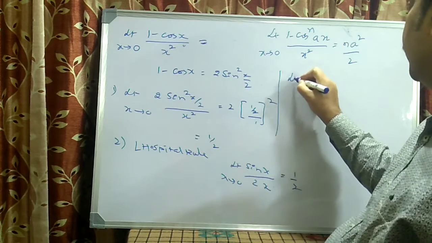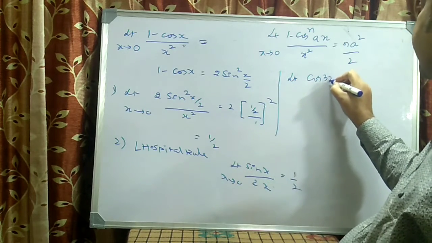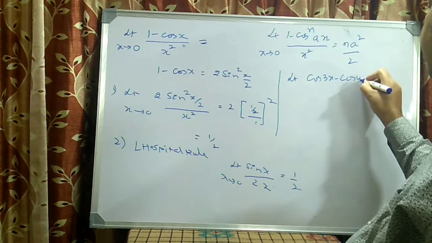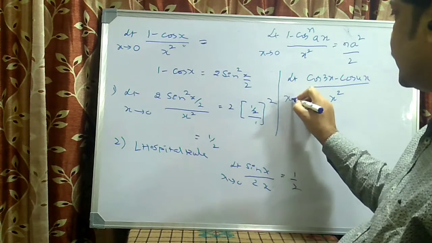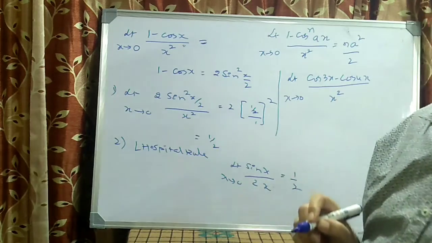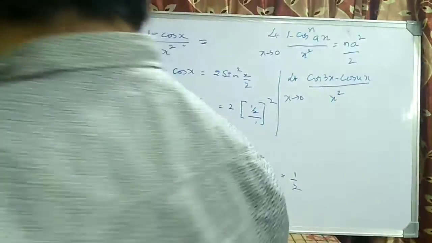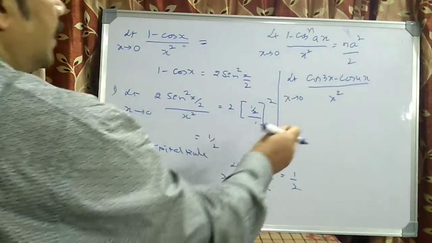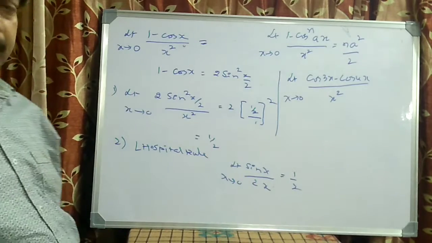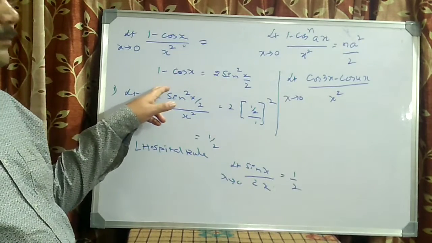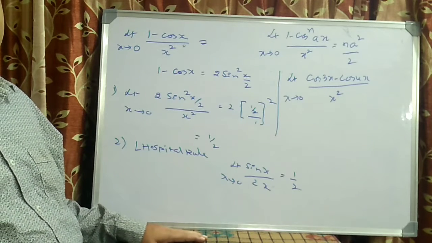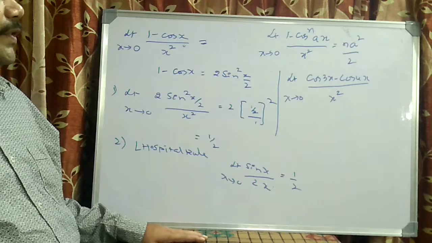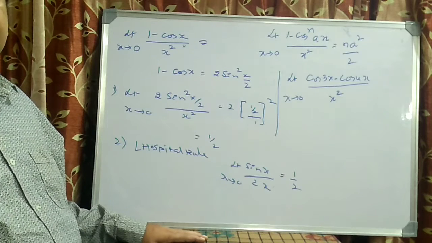If I have limit cos 3x minus cos 4x divided by x square as x tends to 0. Now, actually, I may not be able to understand this in this way. The people in regular board examination will be doing the same problem using the property cos c minus cos d.